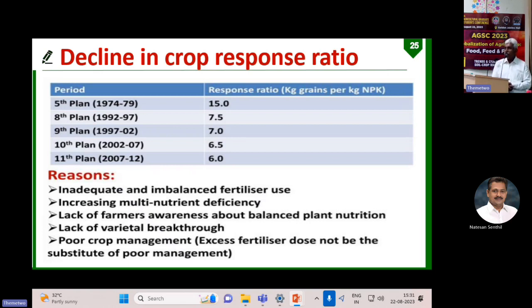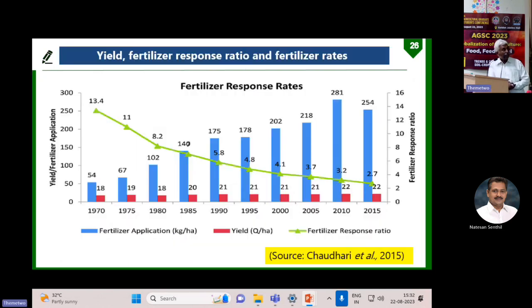They are not standing. I quote an example from Tirupati, where we are developing more groundnut varieties. They vanish after 2 years, and they want another variety, because it does not stand in the market due to several problems. That's why even if you make a lot of effort, nothing much could be achieved. Poor crop management, especially fertilizer dose and other issues, also causes a poor response ratio.